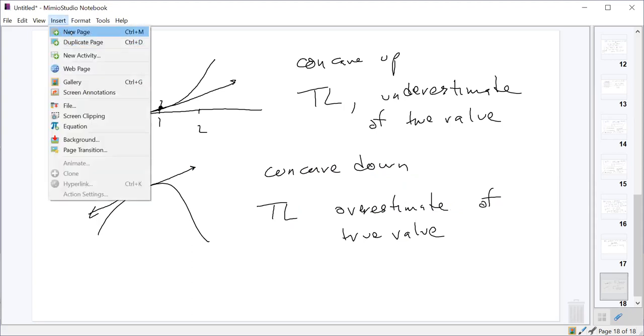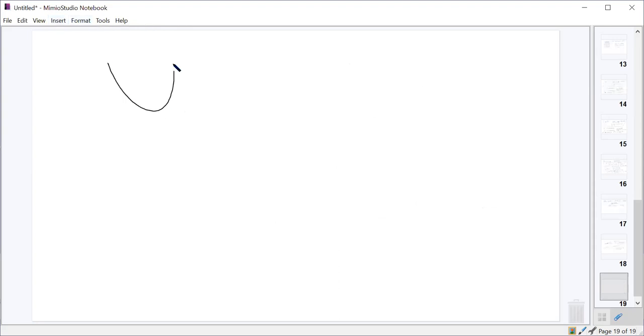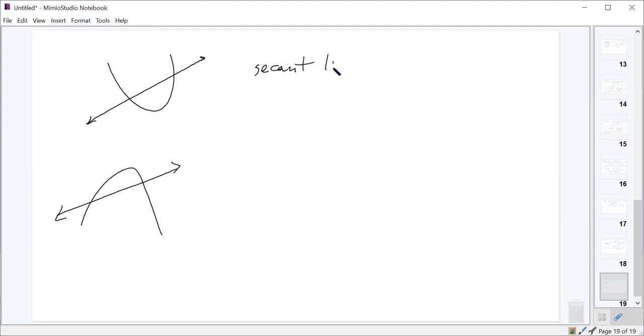Sometimes they may even talk about a secant line. Okay, so I get a secant line on a concave up function. The secant line on the interval between A and B, where your secant line hits your function, any value there should be an overestimate.